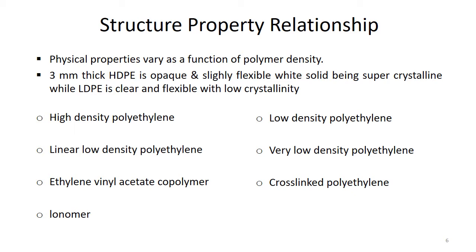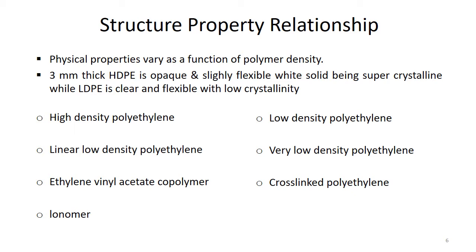You know that when branches are more, crystallization is hindered. As an example, take a 3 millimeter thick flake of high density polyethylene. It is an opaque white solid, but it can be flexed moderately by hand.